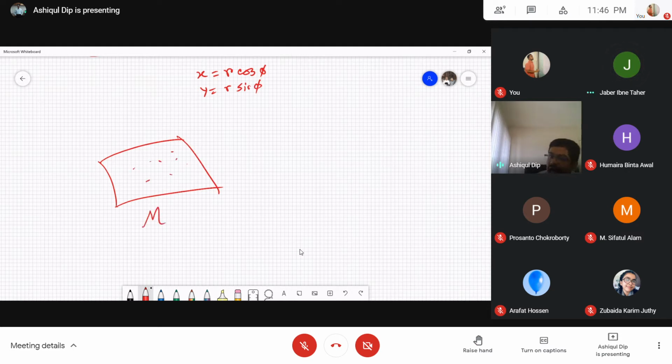So scalar fields are maps from space M to the real number line, because each point on space M maps to a specific point on the real number line. So this is your real number line, say it's 0, it's 1.